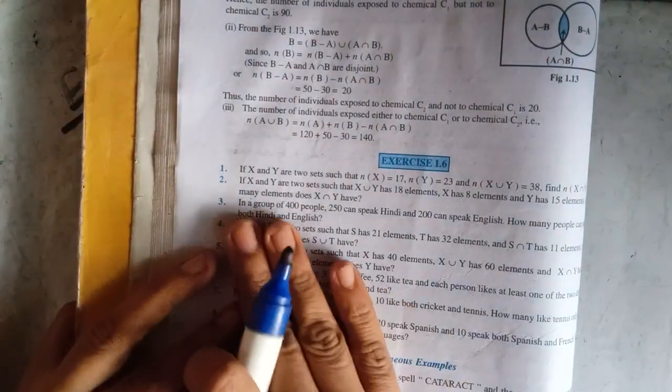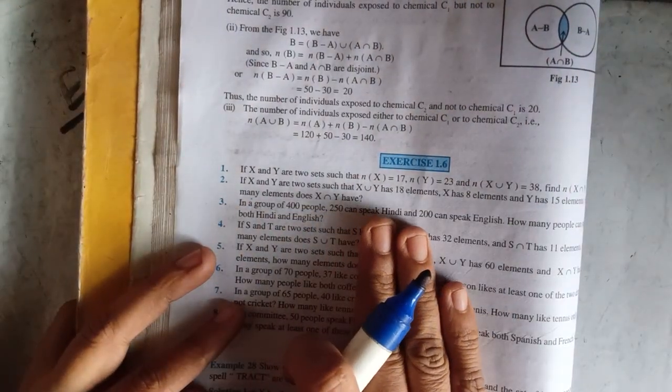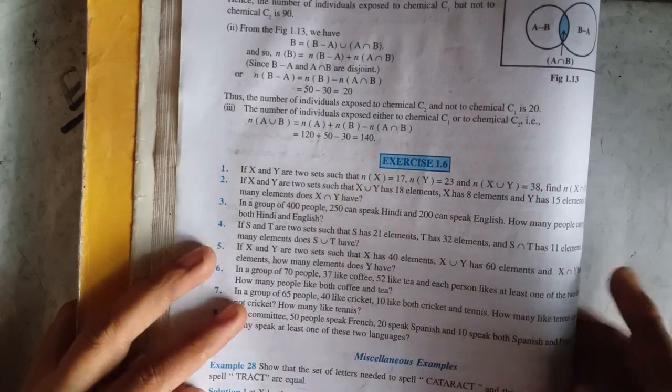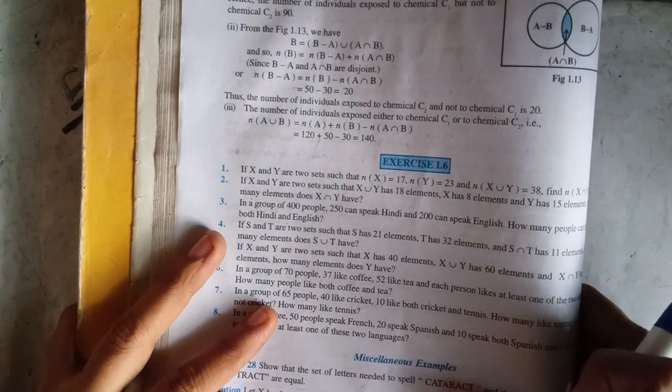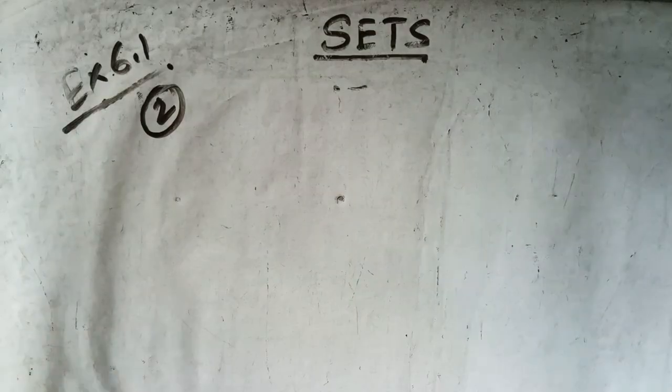X and Y are two sets such that X union Y has 18 elements, X has 8 and Y has 15. How many elements does X intersection Y have? So this is also the same as the previous one.